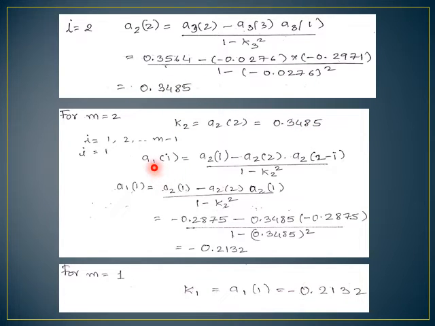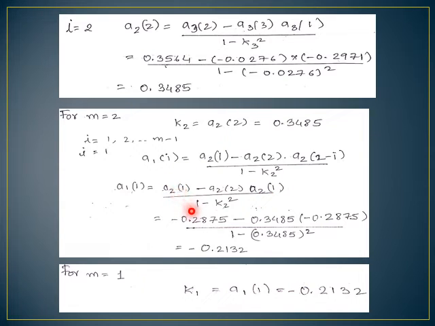Now this is Am minus 1, so this is a2 minus 1 of I, which will become a1 of I. This is a2 of I minus a2 of 2 into a2 of m minus I. M is nothing but 2, so 2 minus I will become 1. So go on substituting the value of I and you will get this expression.